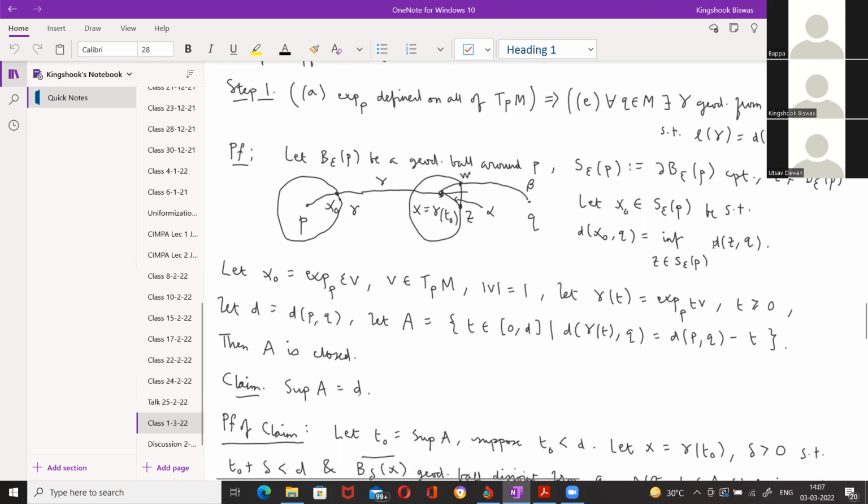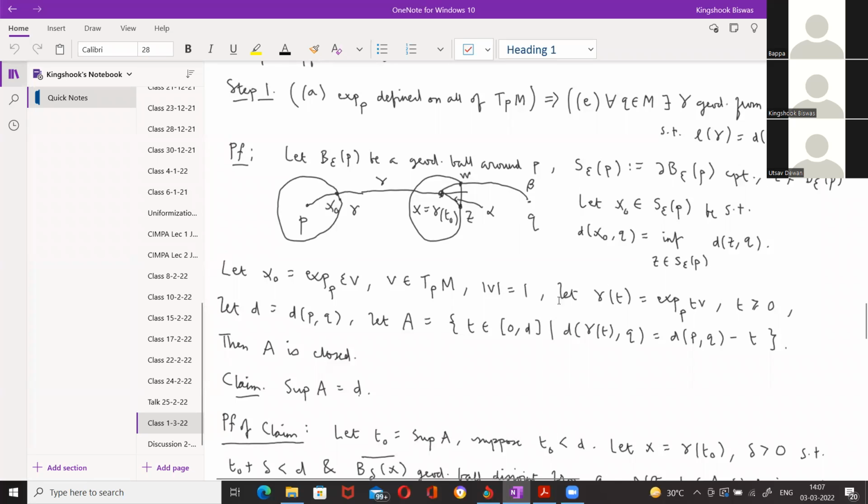So we're going as close to Q as we can amongst points which are at distance epsilon from P. Then x naught is the image under the exponential of epsilon v, where v is a unit tangent vector.